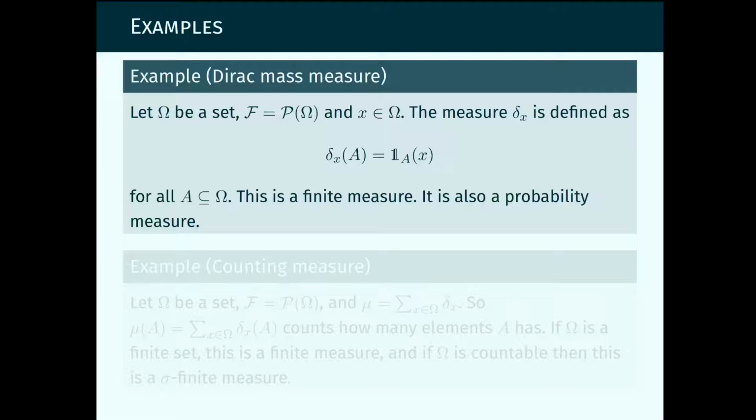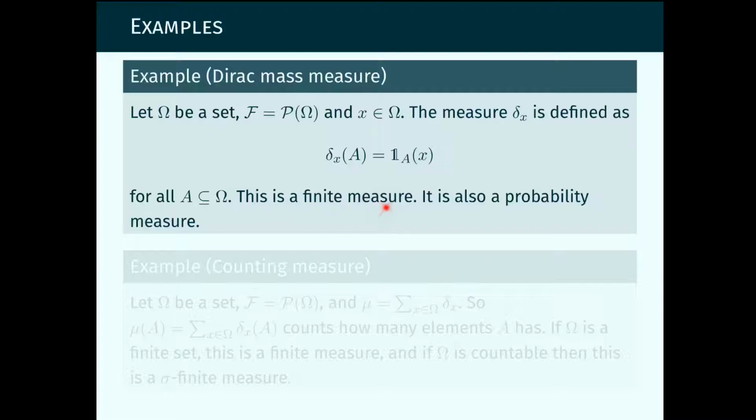Then we define a measure that is denoted by the letter delta with subindex x, to indicate that x is a parameter in this definition, and it's defined as follows. The measure of a set A will be 1 if x belongs to A and 0 if x does not belong to A, which can be described as the indicator function of the set A at the point x. So this is the indicator that x belongs to A.